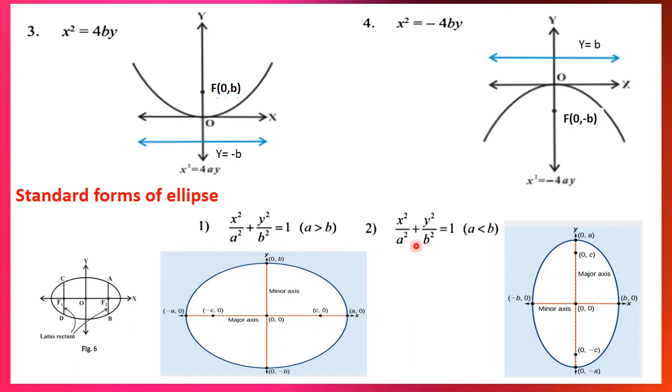Now in another ellipse, in this case a is less than b, that is the major axis will be the y-axis, and the shorter distance is along x-axis and the longer distance along y-axis.